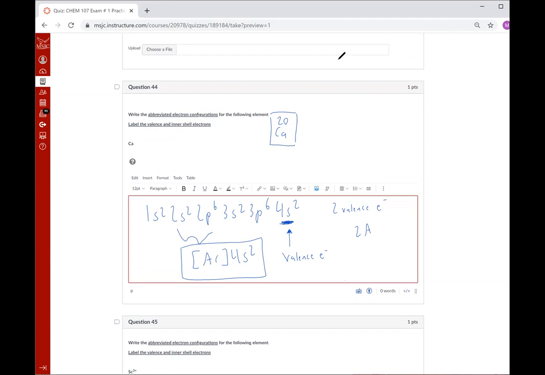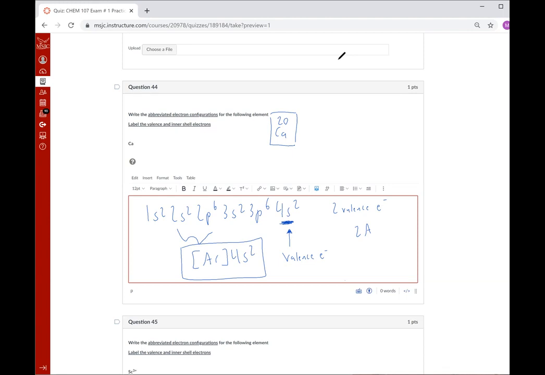So the valence electrons are not just defined in terms of energy, but in terms of distance from the nucleus. The electrons with the largest n value are farthest from the nucleus, most accessible, and thus they are considered the valence electrons. Does that make sense? Yeah. Okay. Perfect.